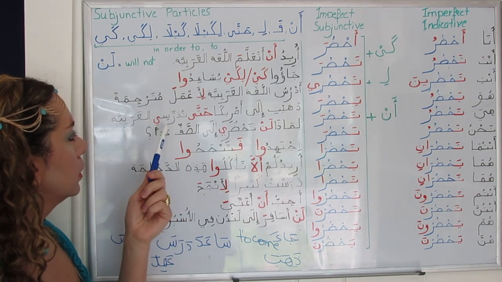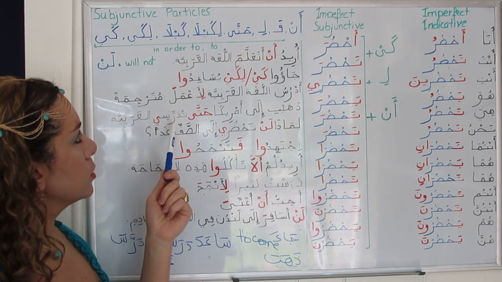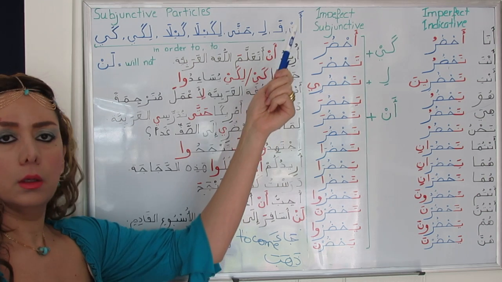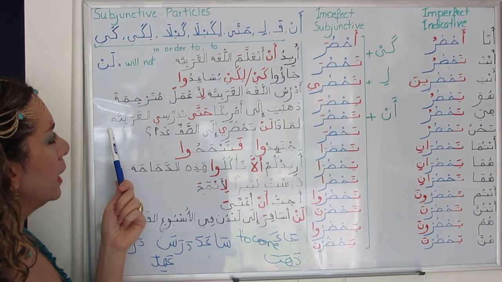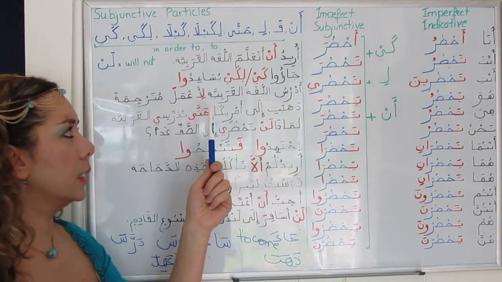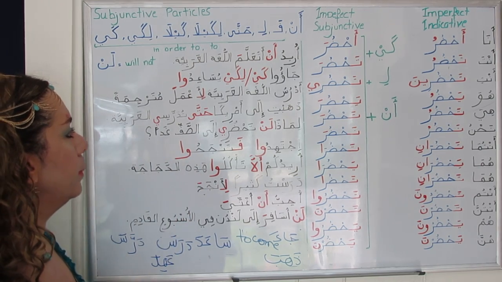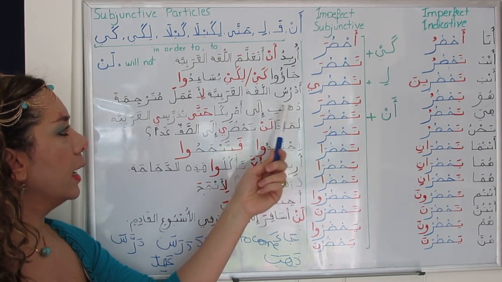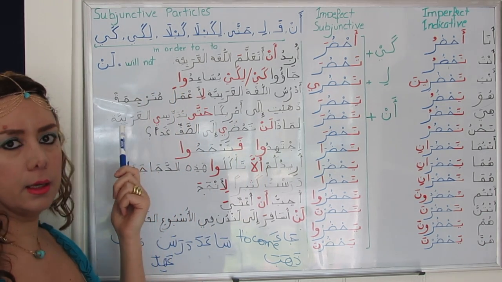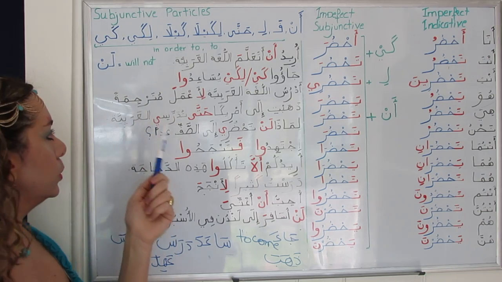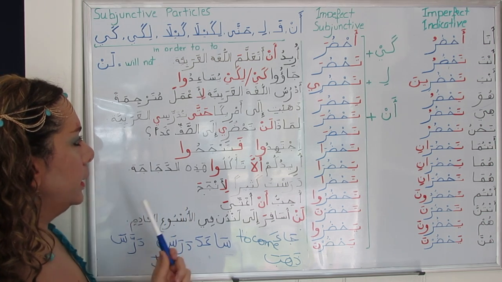So here we lost the noon because it's conjugated in the imperfect subjunctive. حتى تدرسي العربية. You went to America in order to teach Arabic. Or ذهبت إلى أمريكا كي تدرسي العربية or لكي تدرسي العربية حتى تدرسي العربية.